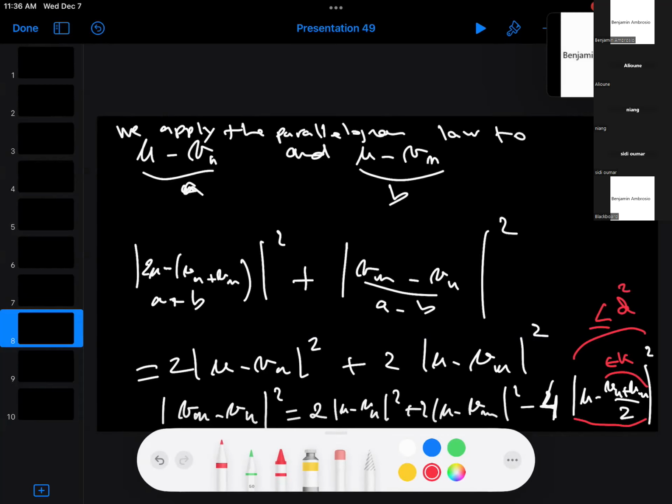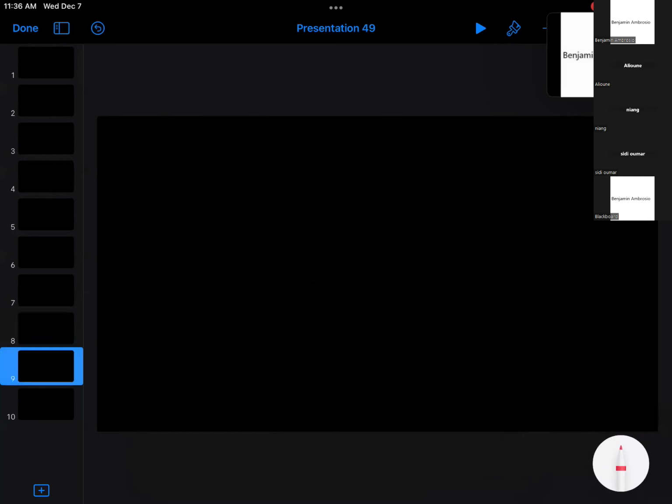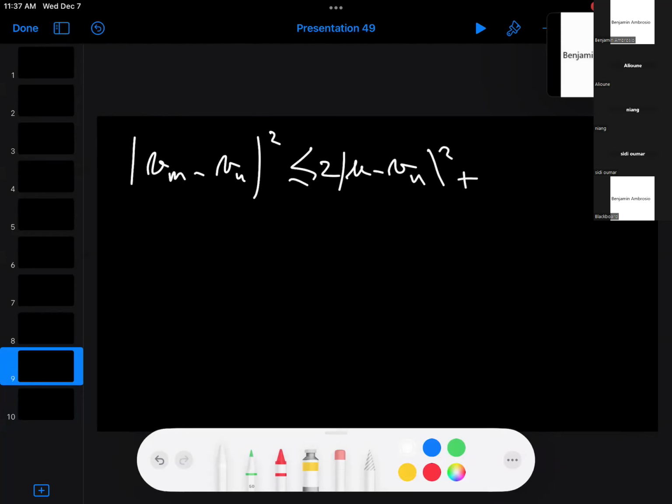So finally, I get that the norm of Vm minus Vn squared is less than 2 times the norm of u minus Vn squared plus 2 times the norm of u minus Vm squared minus 4 d squared.